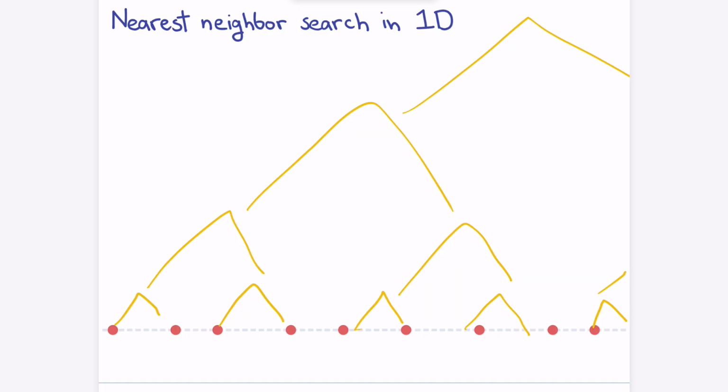You guys know? Yeah. K log n, where k is the number of dimensions. That's a reasonable guess, but it's not quite it. 2 to the k log n. Not quite, but you're getting closer.